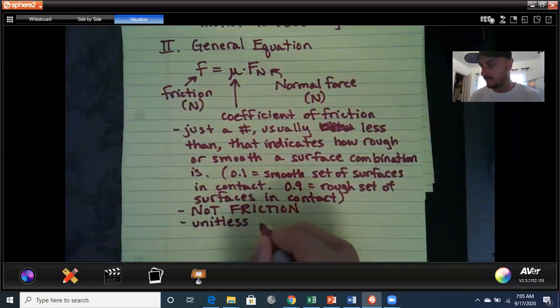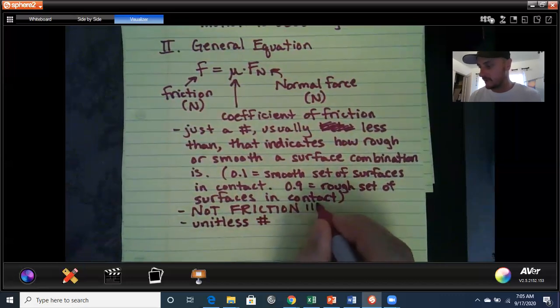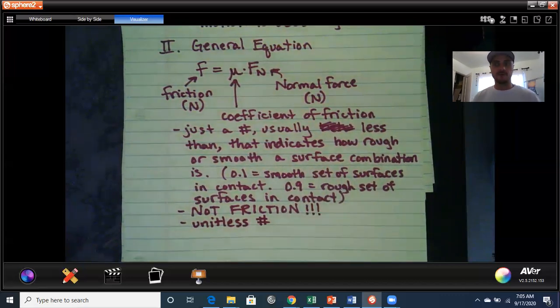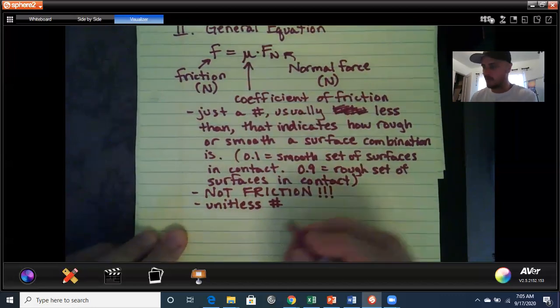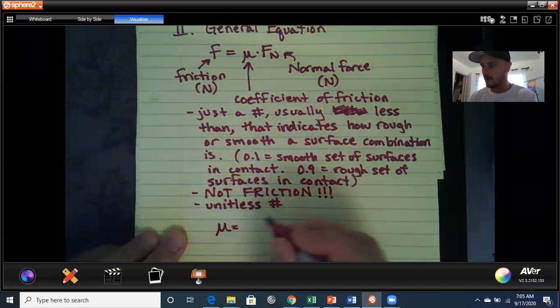Unitless number. Put a few exclamations there. Not friction, it's not friction. It's just this number that indicates how rough two surfaces are when they're in contact with each other. And it is unitless. Let's prove it. If I solve this equation above for mu, what do I get? I get friction divided by Fn, right?